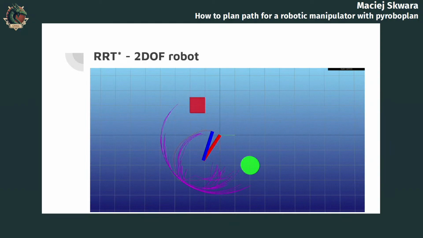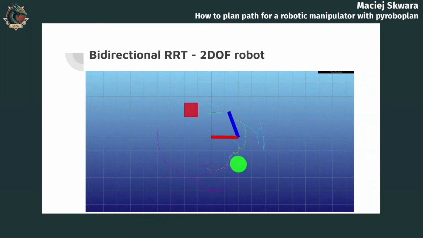This is how RRT star looks on a 2 degree of freedom robot. And bidirectional RRT.